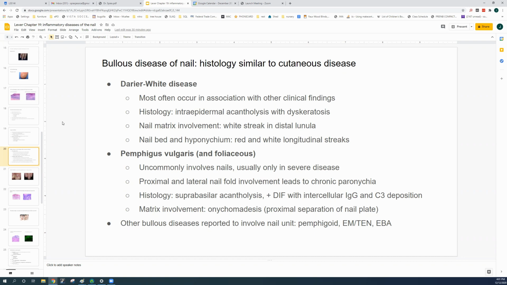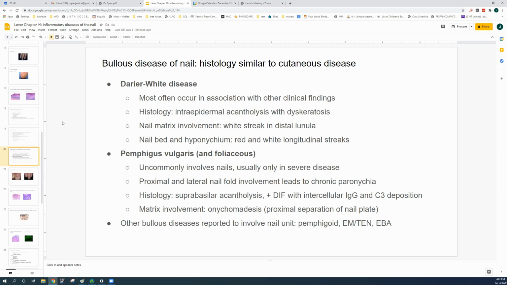The histology is, as in cutaneous disease, intraepidermal acantholysis with dyskeratosis or acantholytic dyskeratosis. If you have nail matrix involvement, you get a white streak in the distal lunula. If you get nail bed and hyponychium involvement, you get red and white longitudinal streaks.